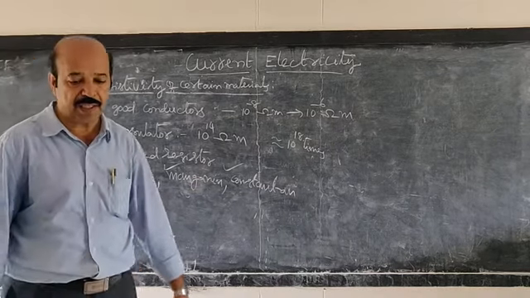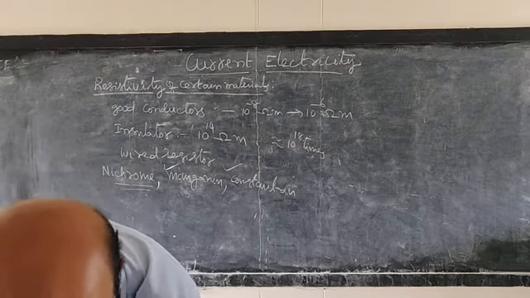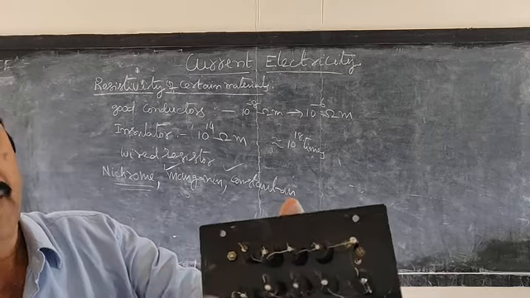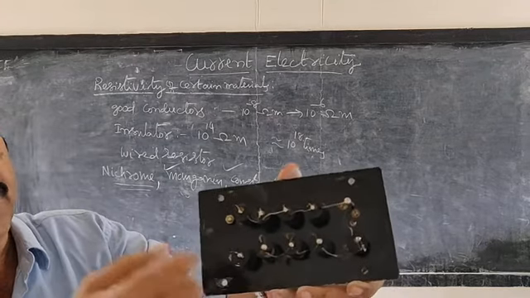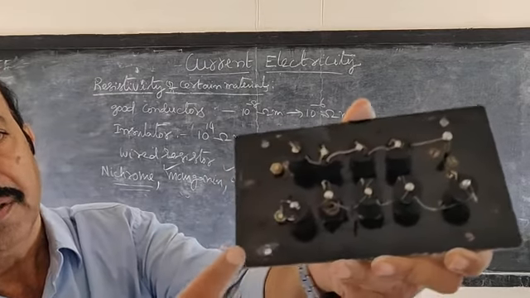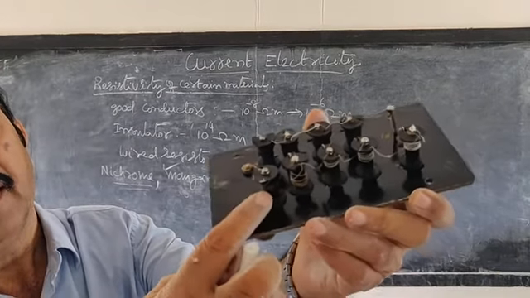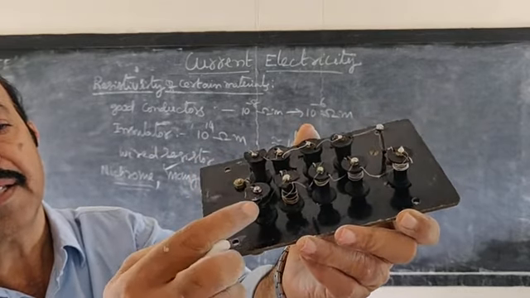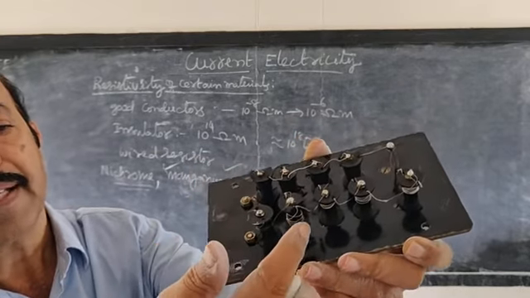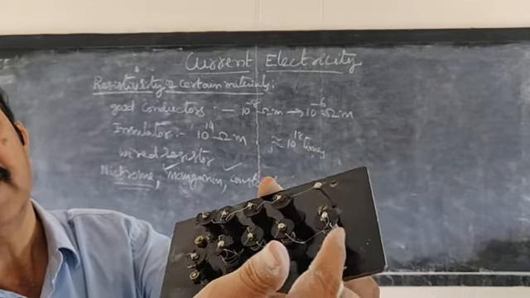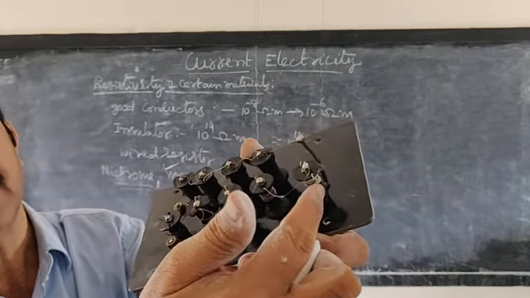Here I will show you the wired resistors. These are bobbins over which wires of certain length are wound. This one has a small number of windings and its resistance is 1 ohm, whereas these two have 2 ohms, this has 5 ohms, and this has 10 ohms resistance.